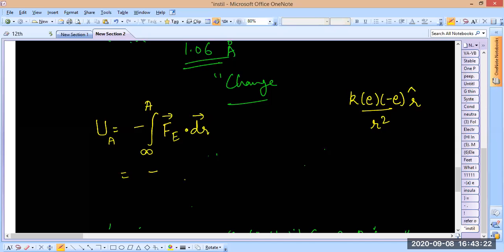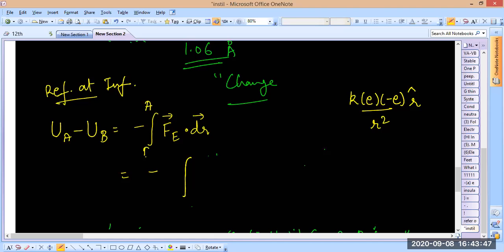Minus integration. Okay, see the difference. Just a minute. Before we go ahead, we used to write this because we took reference at infinity, correct? But now we are not taking reference at infinity, so I'm just making a small change. This is actually better, right?